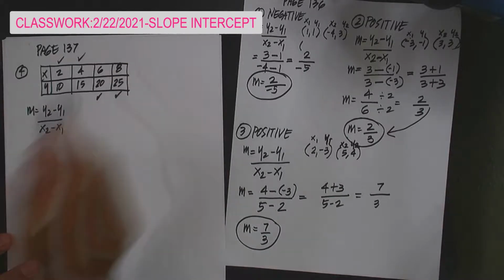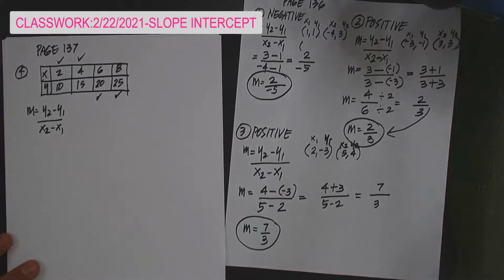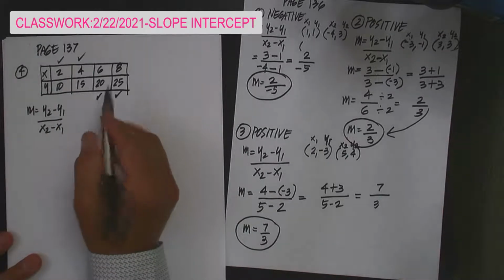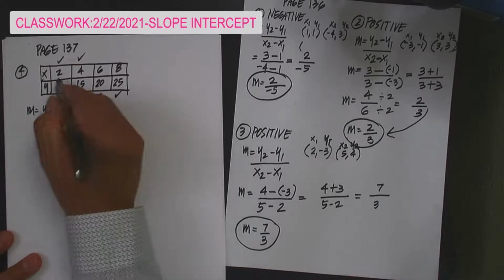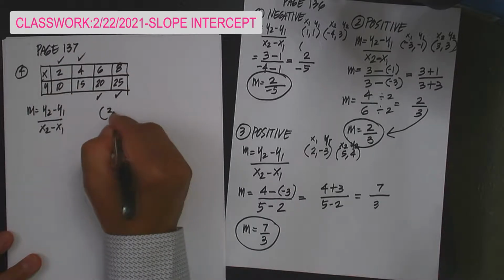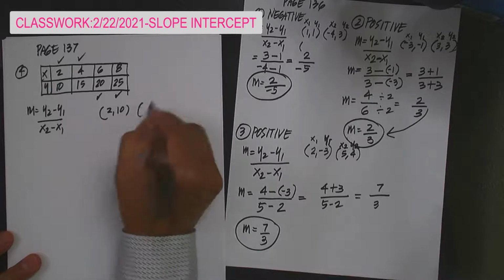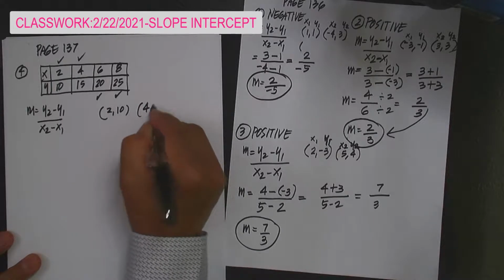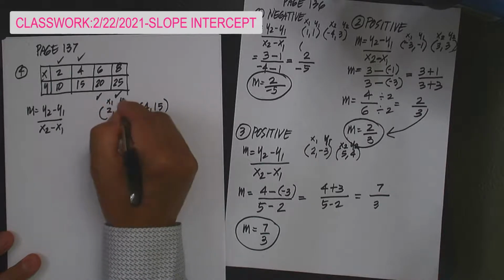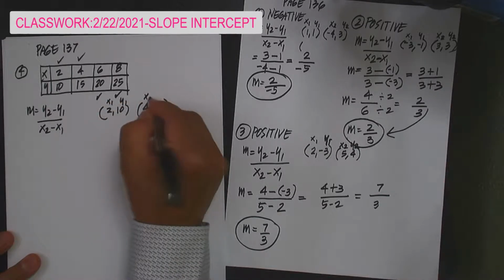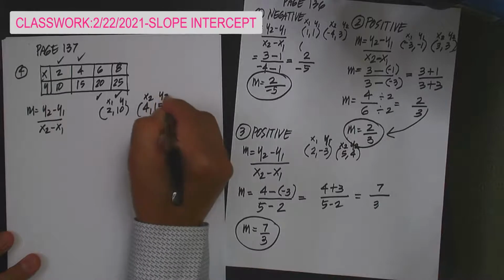Still, you're going to get the same value of your slope. So let's use that. I'm going to pick 2 and 10, and then 4 and 15. This represents your x1, this your y1, this your x2, this your y2.